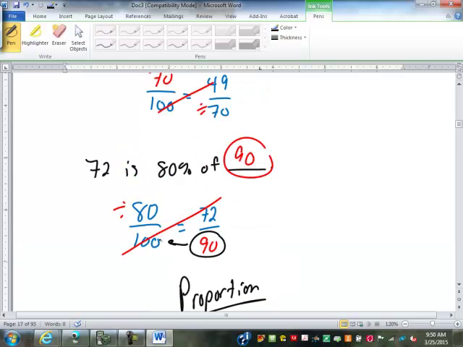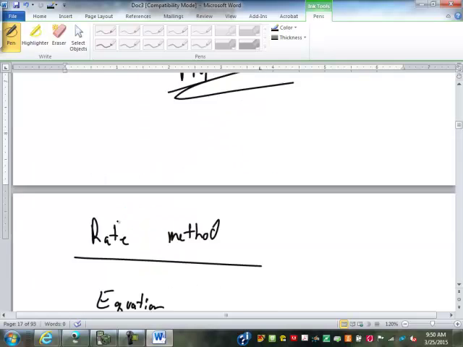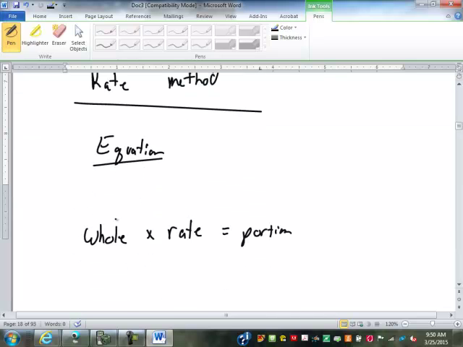The 100% is the whole amount, the beginning value. And this is the part, or the portion, referred to by the percent itself, the 80%. The same thing applies here. It's just that I don't like having official names and labels for things like that. I like seeing patterns rather than memorizing things like this.